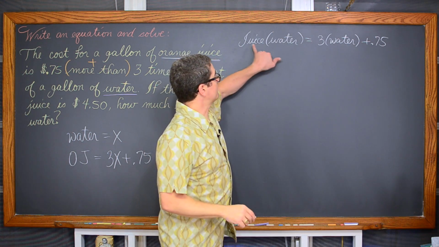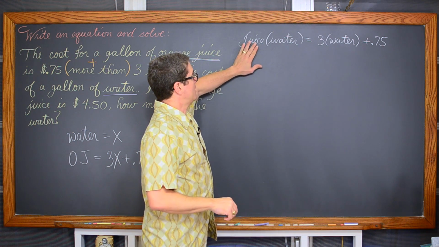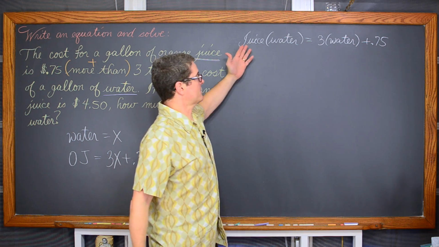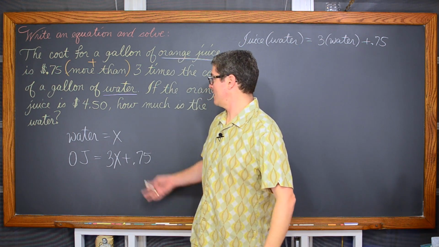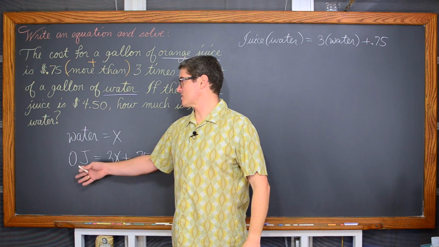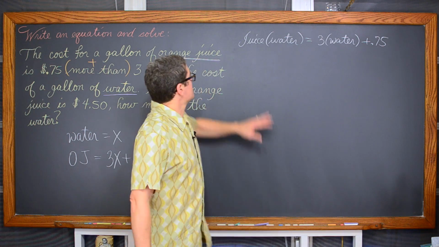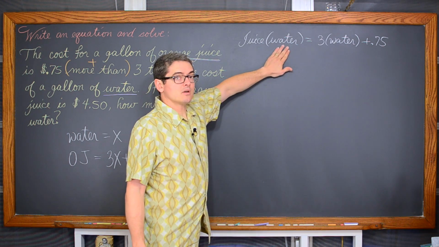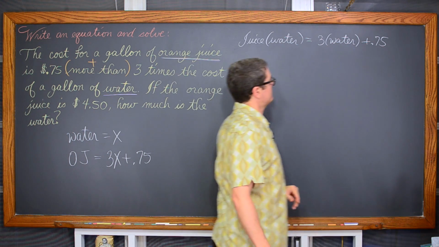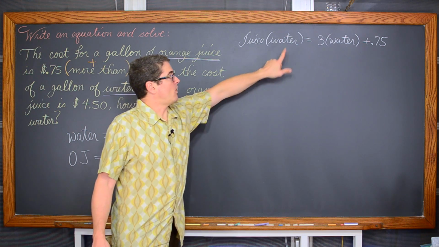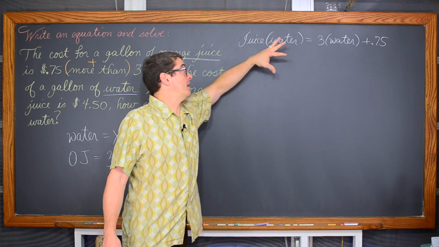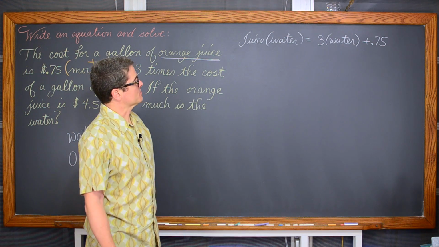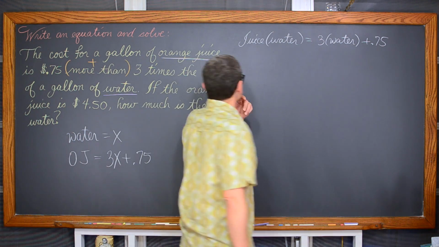I'm trying to write it in function notation, and also use full words so we have an understanding of what this equation is actually saying, other than just an x or a y. So our juice is dependent on the cost of the water, 3 times that plus 75 cents. Again, that water being the independent variable, helping us to figure out the output value of the cost of that orange juice.